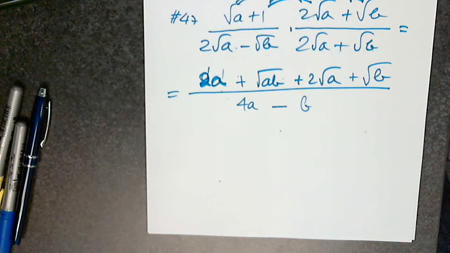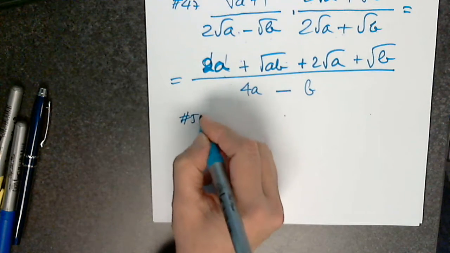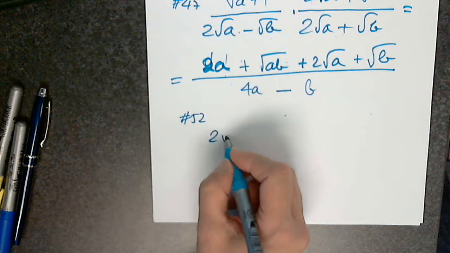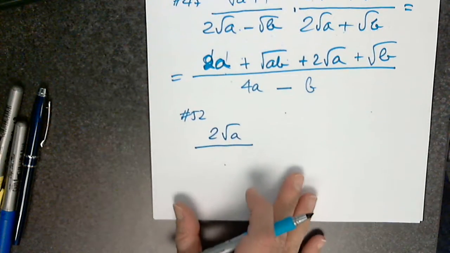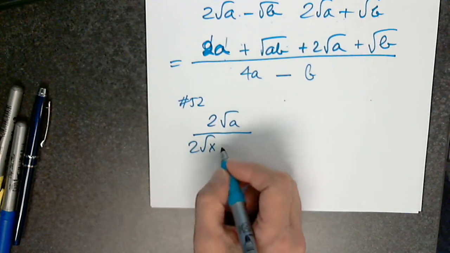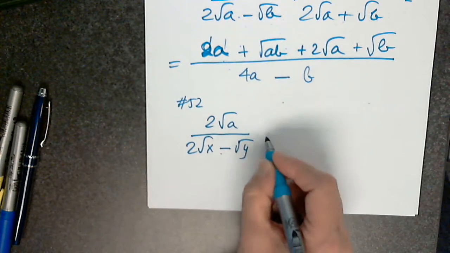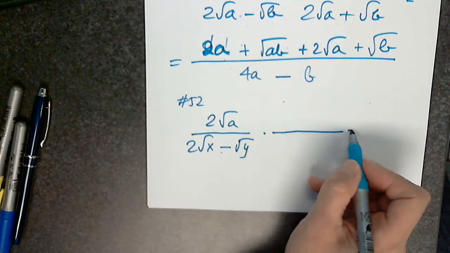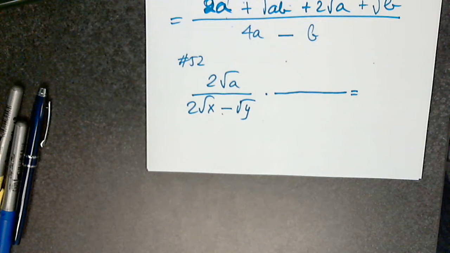Okay, one more. 52. And I'll let you work on 52. 2 the square root of a divided by 2 the square root of x minus the square root of y. 1 minute.